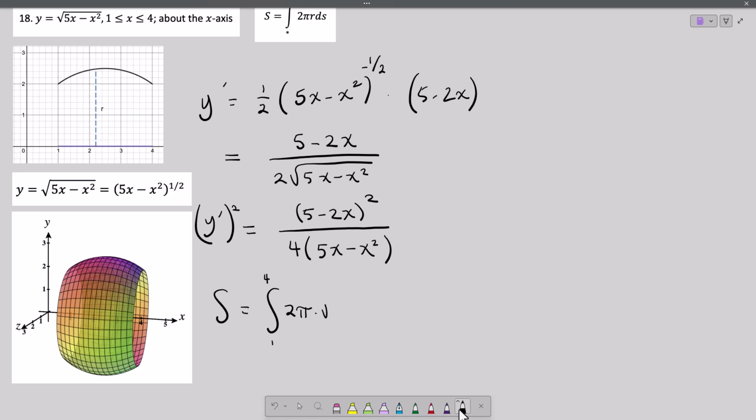So it's 2 pi times the square root of 5x minus x squared. And then we multiply by the square root of 1 plus the derivative squared. We already squared it, so we're just going to put this inside. And that's dx.